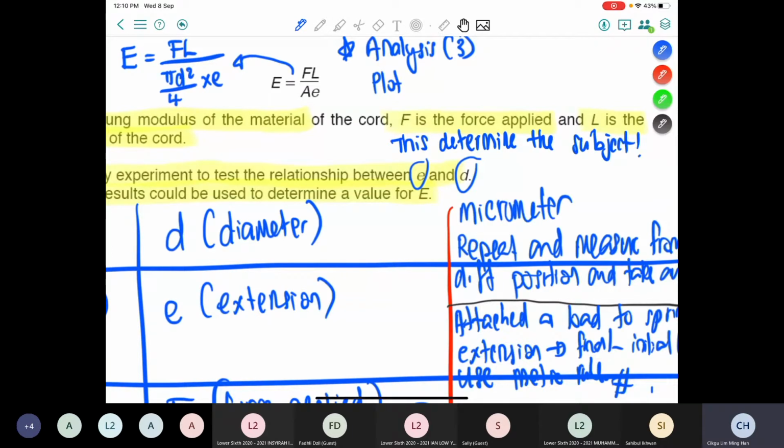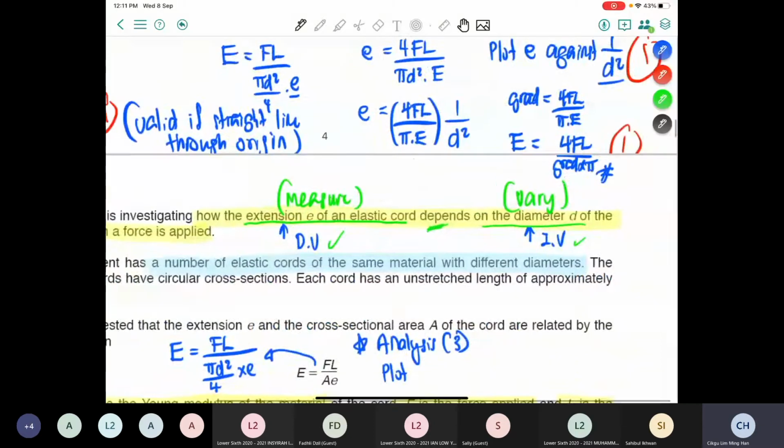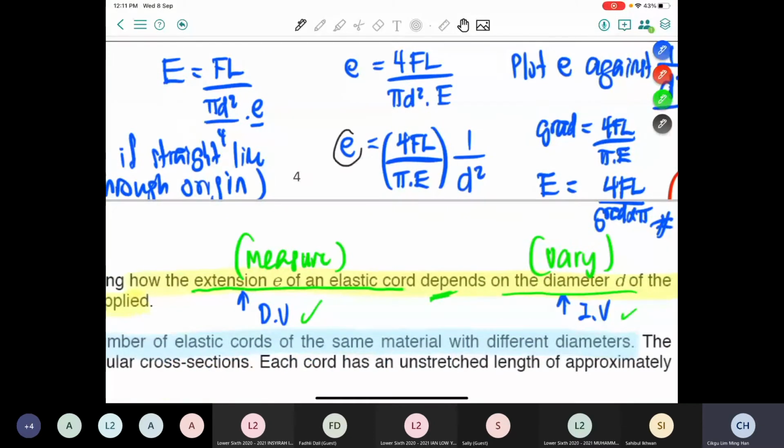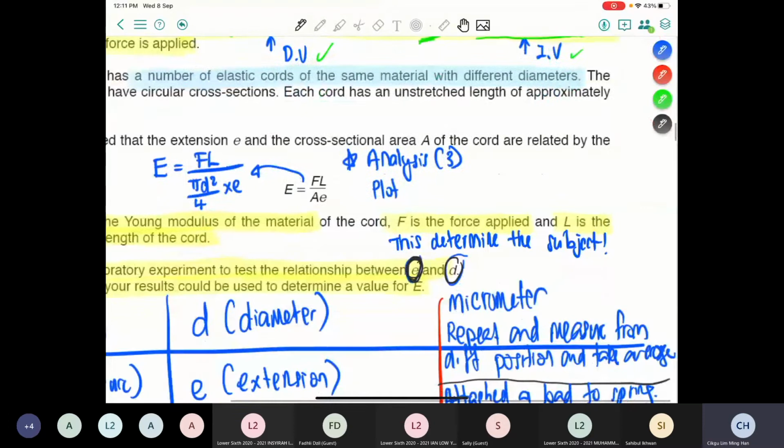So if it is E and D, you make E the subject. See? I make E the subject here. So E against D. So this one is E against something with D.